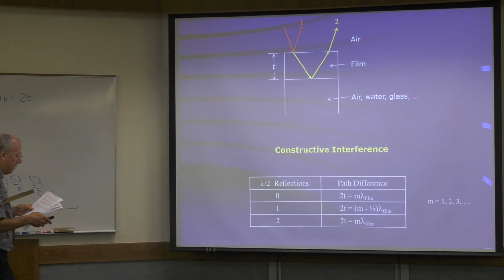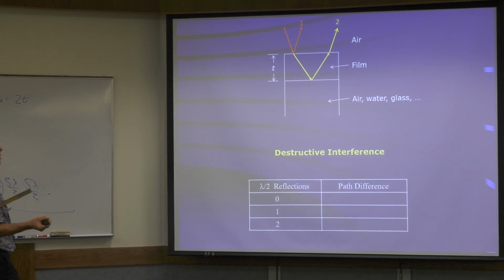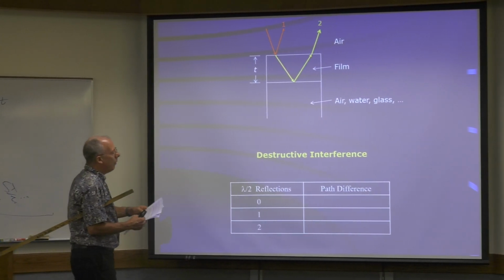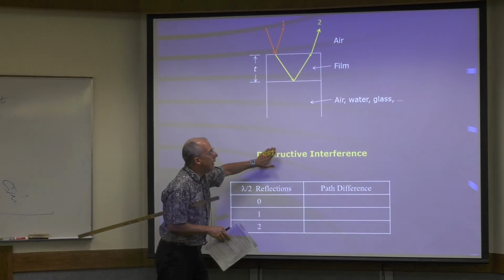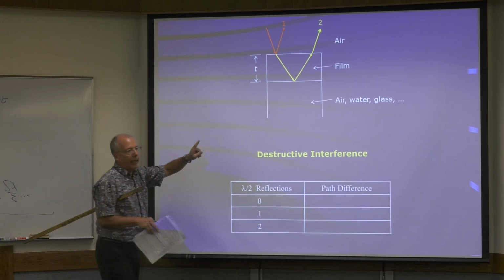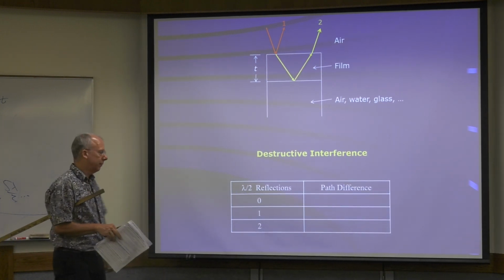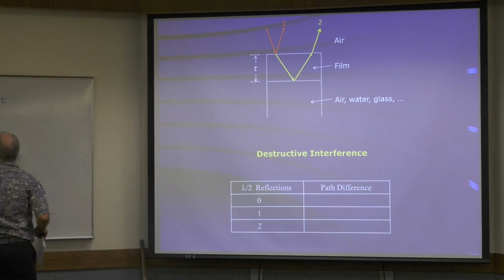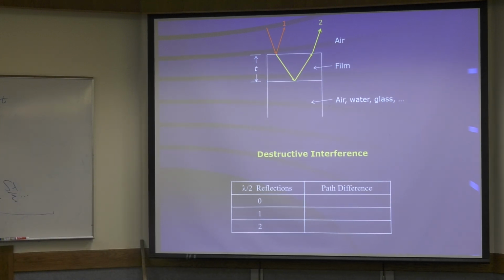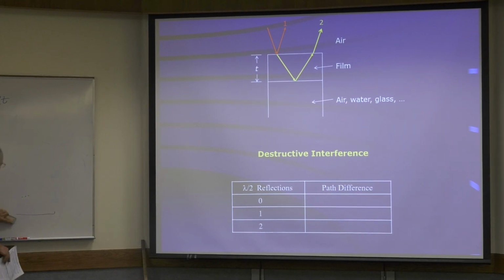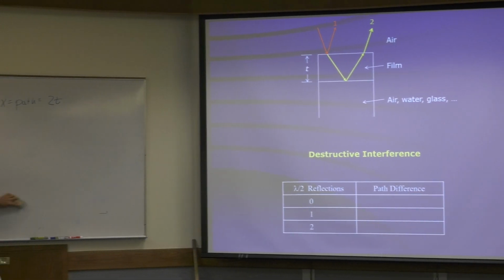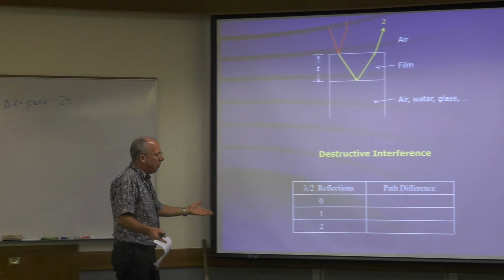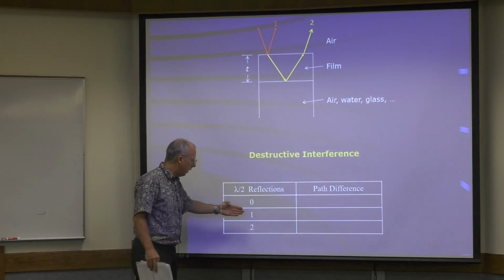All right, let's do destructive. So now we want to guarantee that 1 and 2 interfere destructively. Guarantee that. All right, so let's do it. The first one, these are the only possibilities, right? No flip, 1 flip, 2 flips.